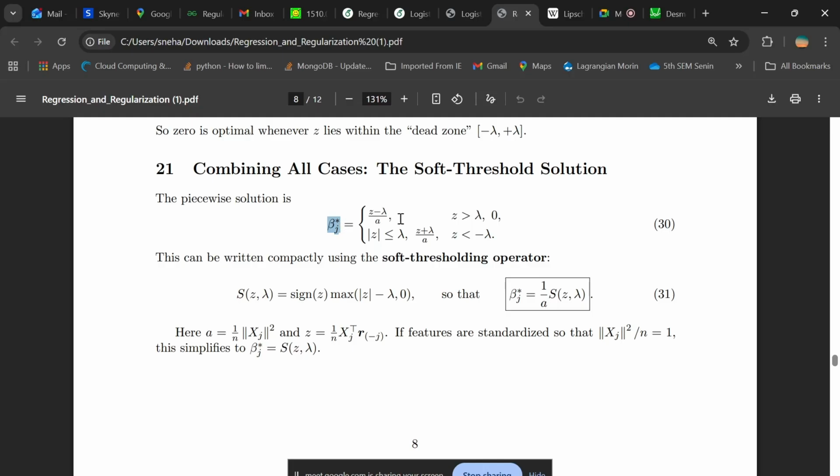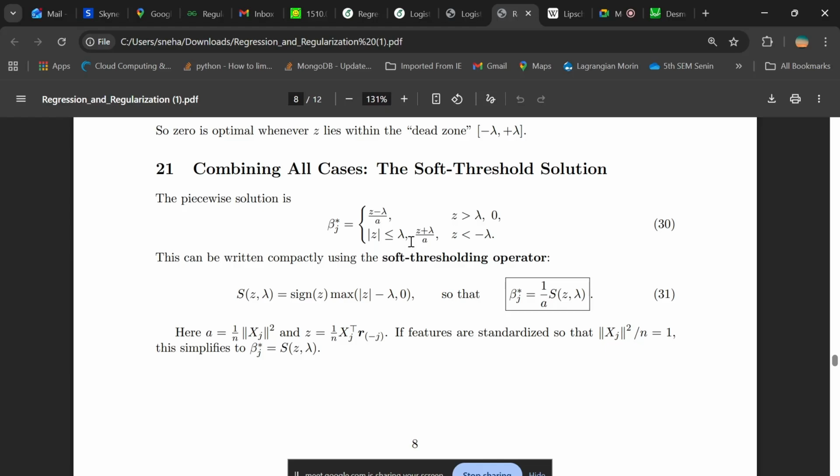So this is one of the biggest powers of lasso regression: if there are very strongly correlated parameters, then it just sets one of those parameters to 0. Lasso has the power to set things to 0 because, as you saw, it literally sets things to 0 when z is less than or equal to lambda.